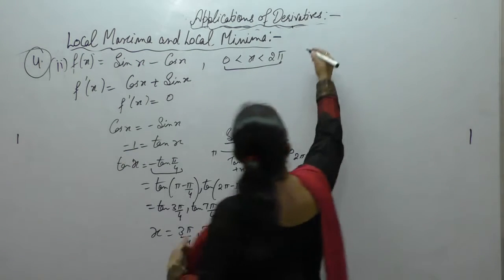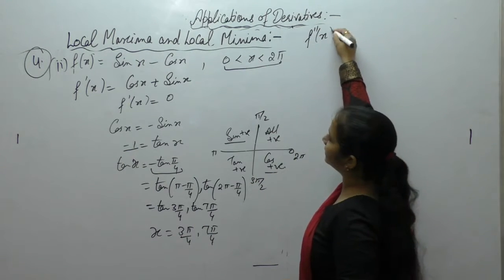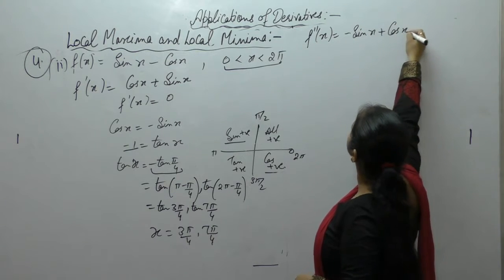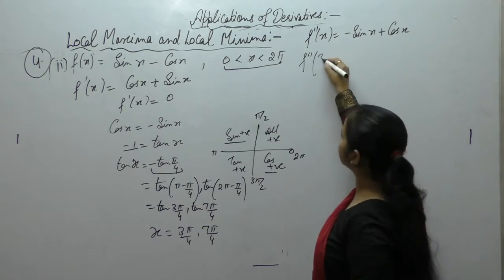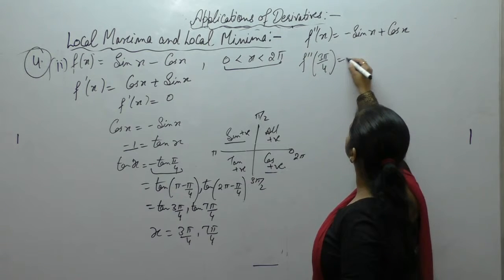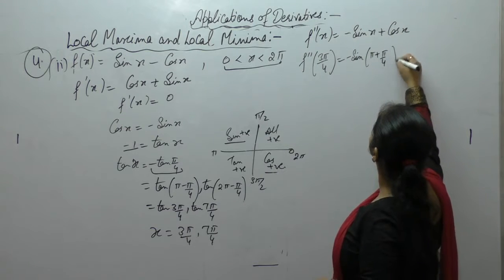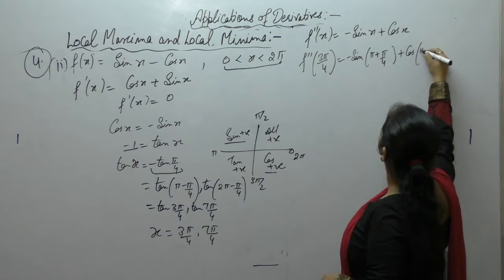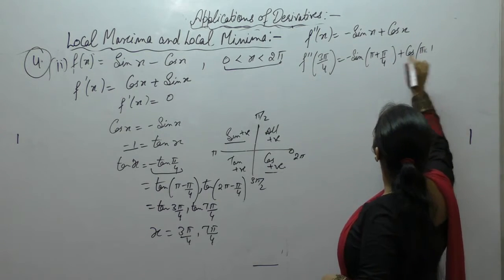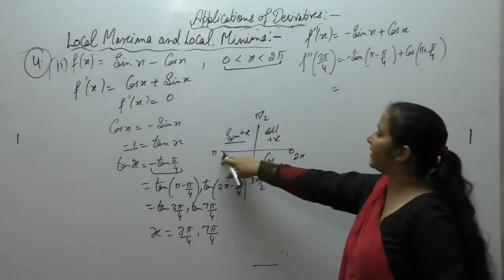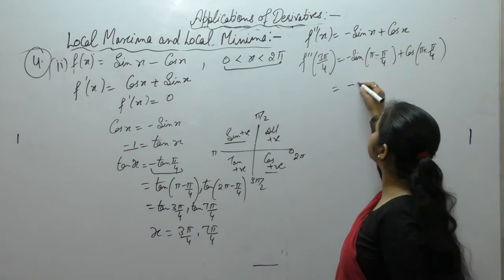So we get x as 3 pi by 4 and 7 pi by 4. Now find the second derivative. Derivative of cos, derivative of sine. Now check the points. 3 pi by 4. Sine 3 pi by 4 plus cos 3 pi by 4, where 3 pi by 4 is pi minus pi by 4. Sine of 180 minus is positive.